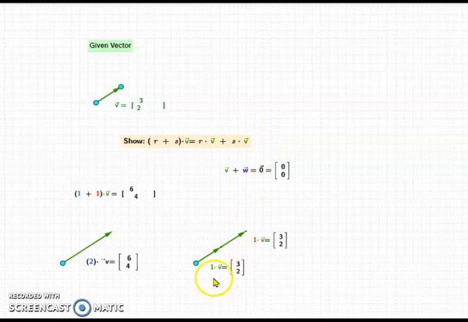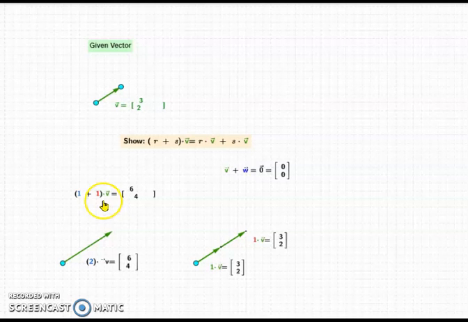That is this vector, this is 1 times v or 3, 2, plus, i-connect mo lang yung sv dito sa vector na ito. So the result is a vector from this point up to this point. And if you observe, that is just the same as this vector with components 6, 4. Okay, so ito naman kapag i-add mo, 3 plus 3 is 6, 2 plus 2 is 4. So it has the same components as this vector.